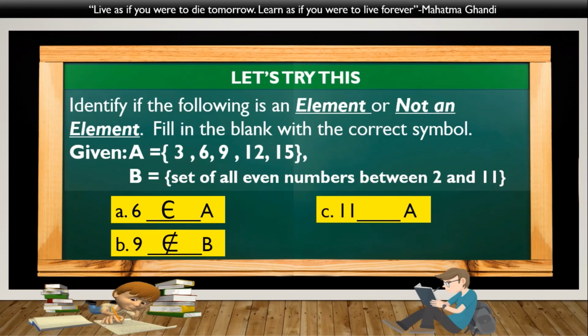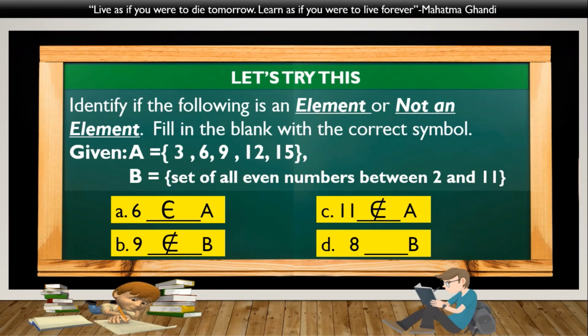Next question. Is 11 an element or not an element of A? Okay? Balik tayo kay set A. Hanapin si 11 dito. Meron ba? Wala. Therefore, 11 is not an element of A. Okay?